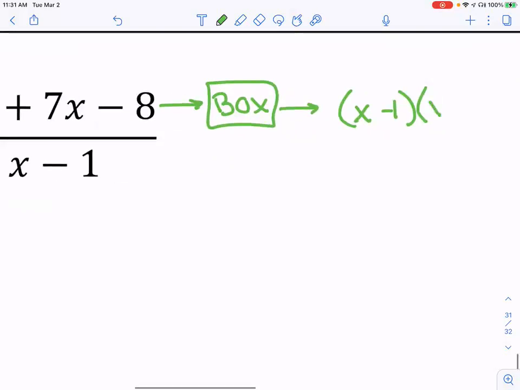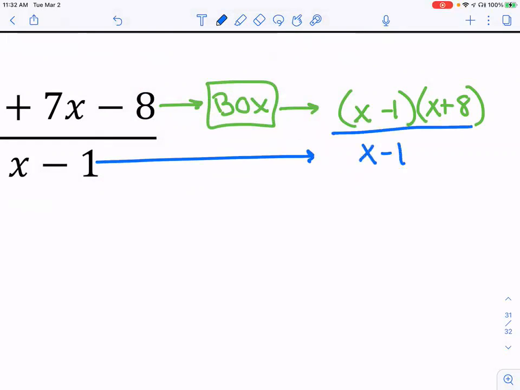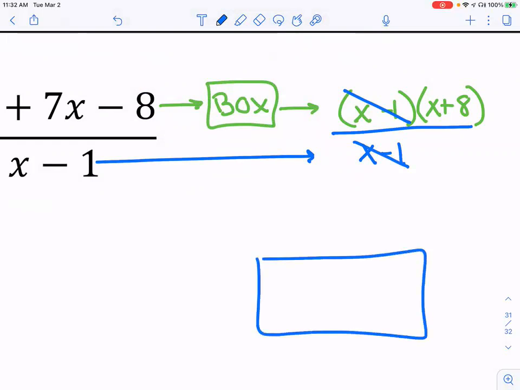If you went through the whole process of doing the box, you would get x minus 1 and x plus 8. So then what we do is we compare that to the denominator, that is x minus 1. You cancel what matches, and your answer is x plus 8. That's all there is to it.